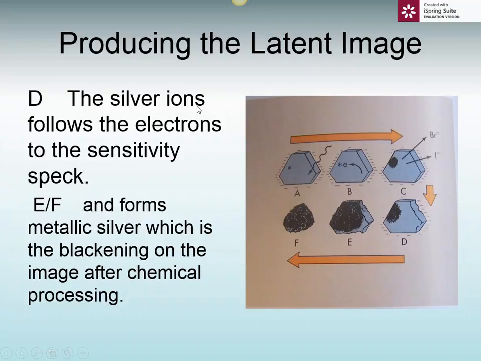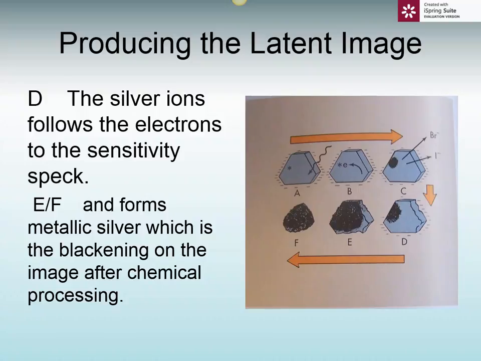Well, the positively charged silver from the halide is attracted to those electrons at the sensitivity speck. As a consequence, the silver ions combine here, as you can see, and collect together, and it's the silver that forms the blackening on a piece of film.